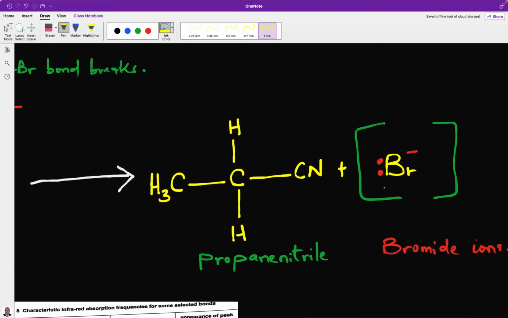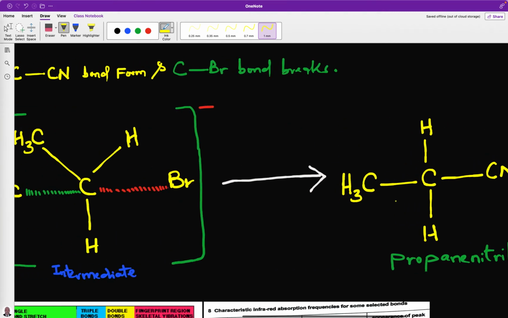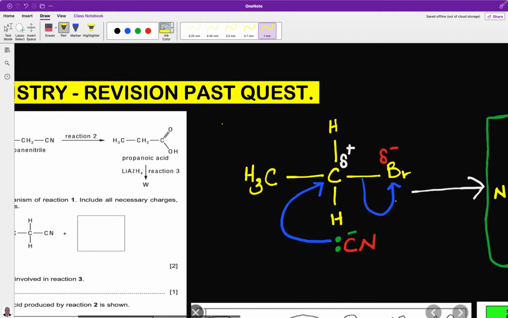And this is how that is formed. Now we see a propane nitrile is formed, and a bromide ion with a lone pair of electrons is also formed. That is only for revision purposes.